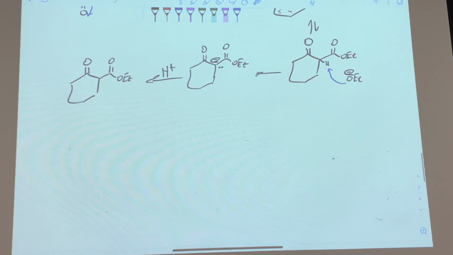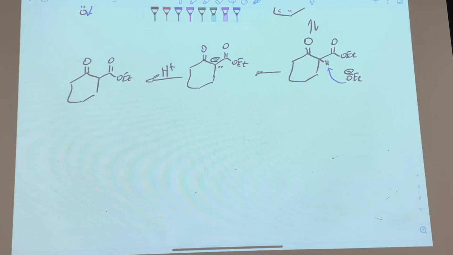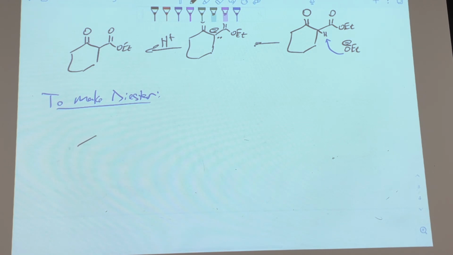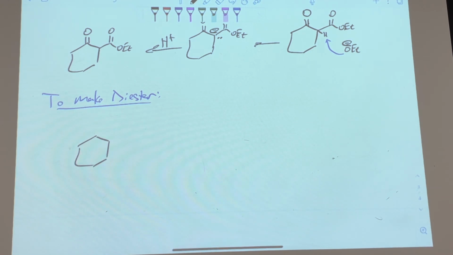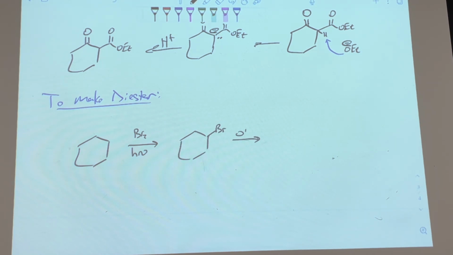So for instance, if we were going to make a 6 carbon diester, we would start with cyclohexane. Photobrominate. And eliminate.